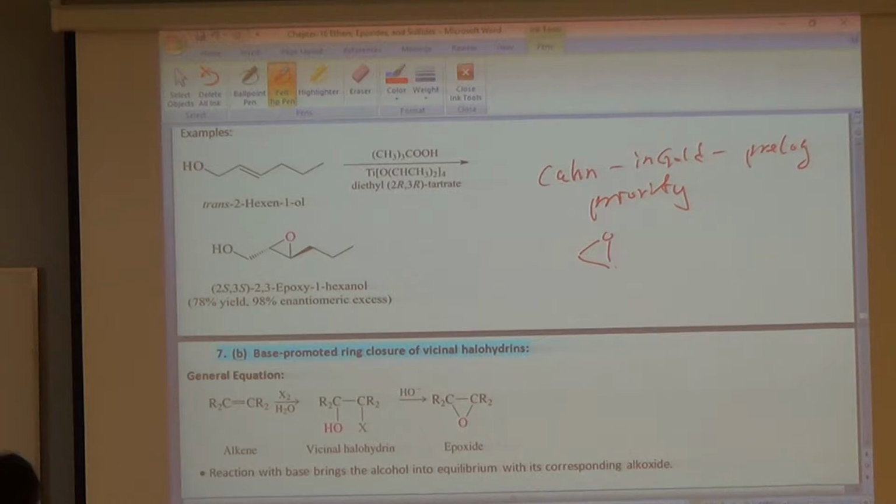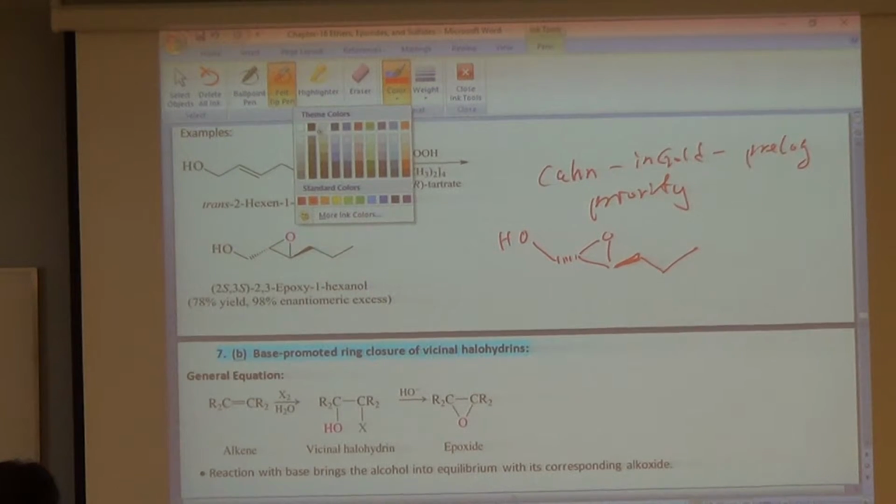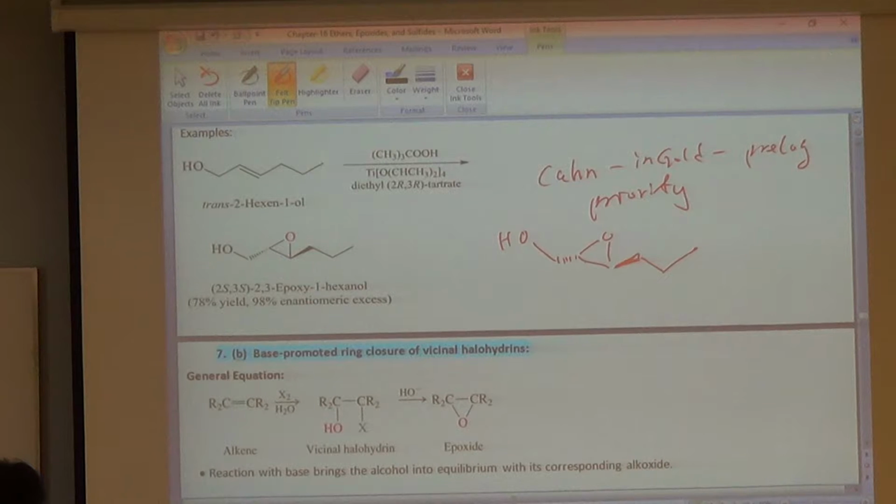Like the 2S and 3S is right. So we have a wedge, and then we have this carbon here. We have a dash. Then we have the OH. If you want to assign the priority, let's say for this carbon here, this is the chiral center. And you have this. The highest priority is this oxygen, number 1.